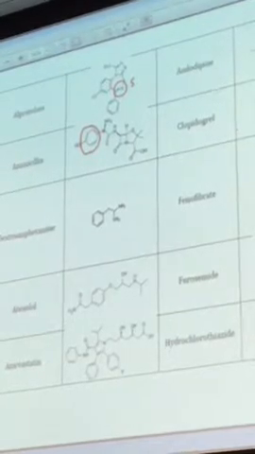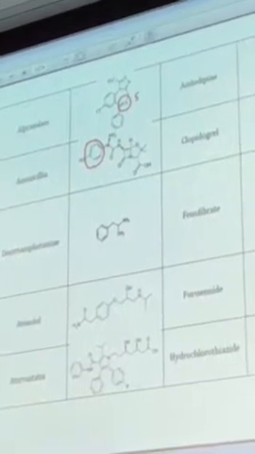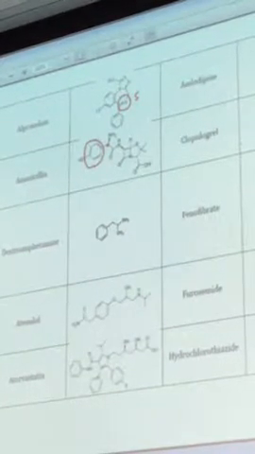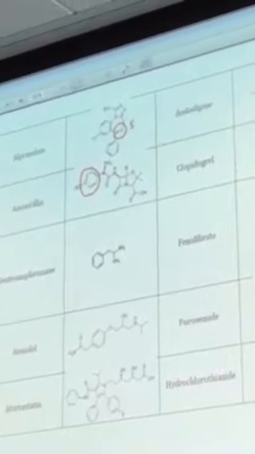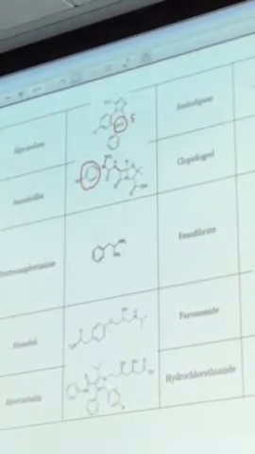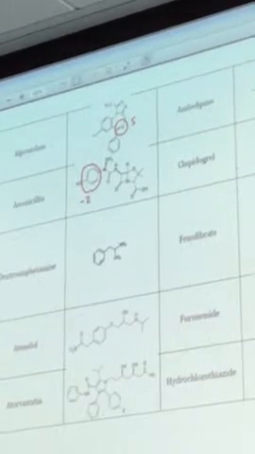So it's not attached directly to the electron withdrawing group. So if it were, say, an aniline that was attached directly to the ring, then it would be minus 6. But because it's a carbon away, it's not an aniline anymore. So it's still just an amine, and then this group would be 1 carbon away, so it's minus 2.